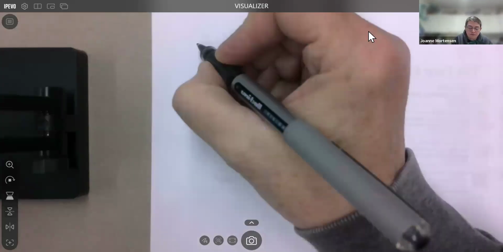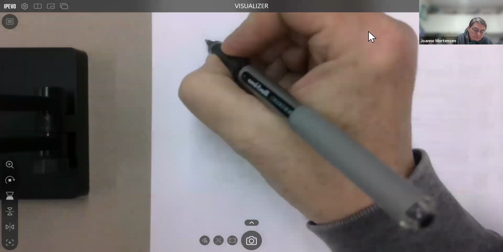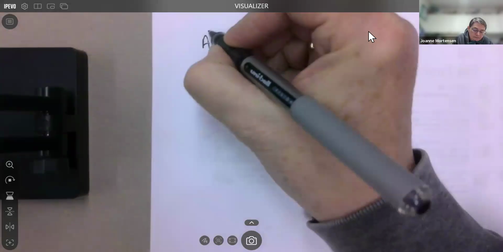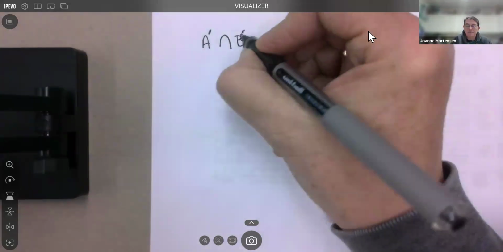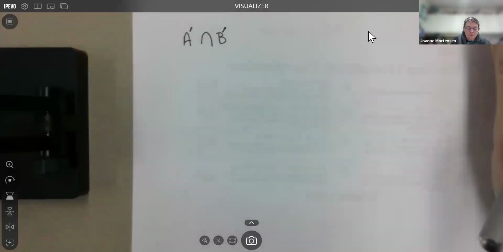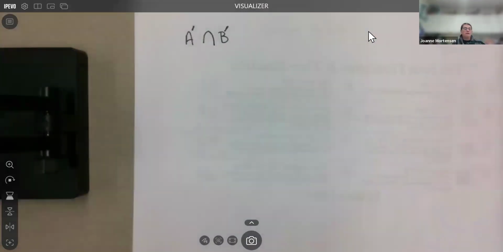Let's try the union of just what we did. A prime, sorry, intersection B prime. Okay. So A prime, B prime, intersection means and. So I need an A prime, which is a nice orange one.